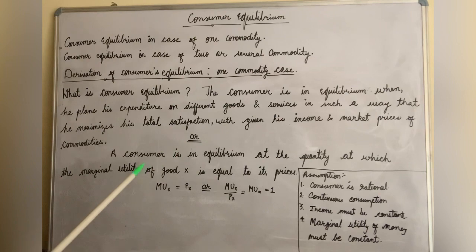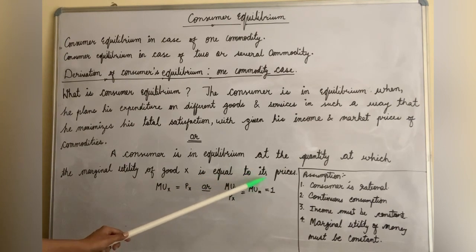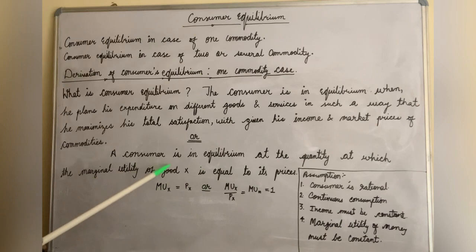Or we can say a consumer is in equilibrium at the quantity at which the marginal utility of good X, which can be any good, is equal to its price.